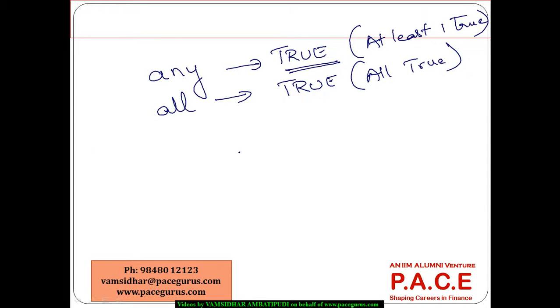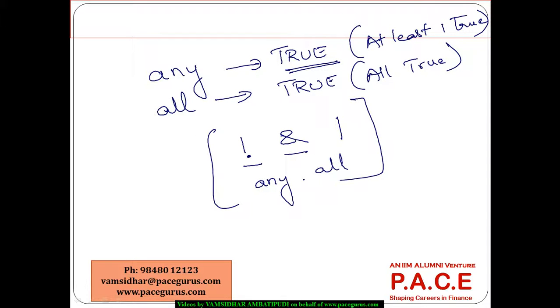Just to summarize, I am using important operators like not, and, or, along with any and all. So that's how we get a basic understanding of the logical vectors that can be used comfortably in R.